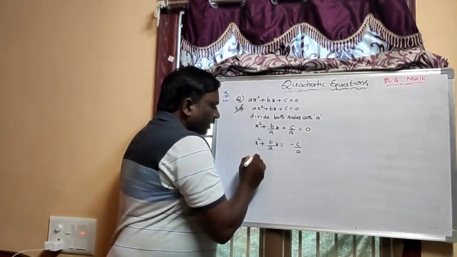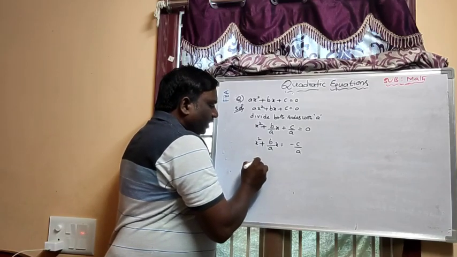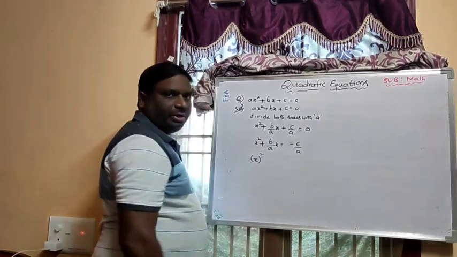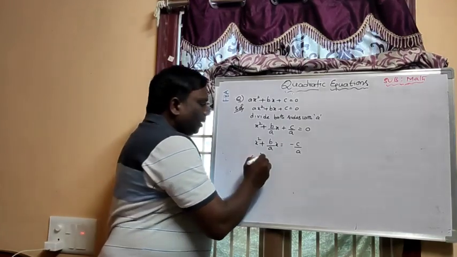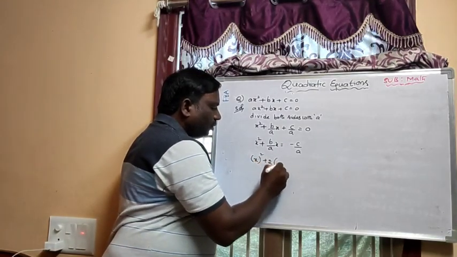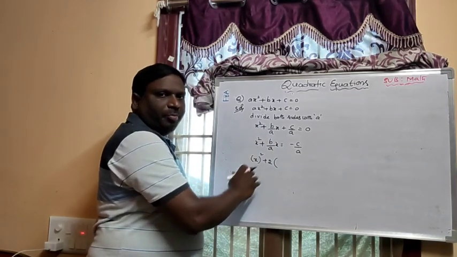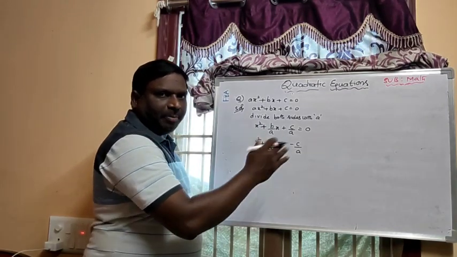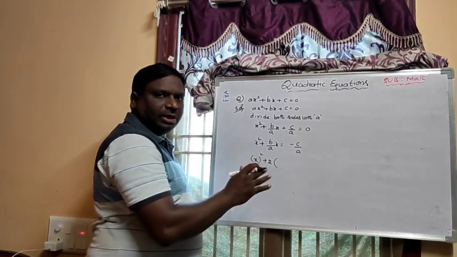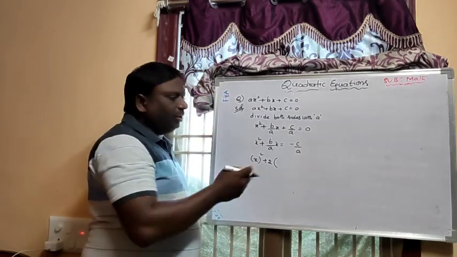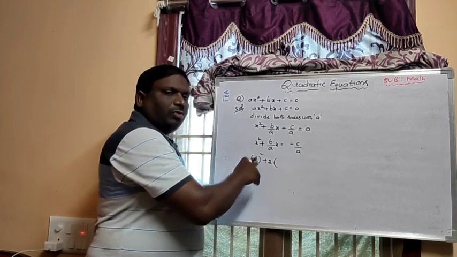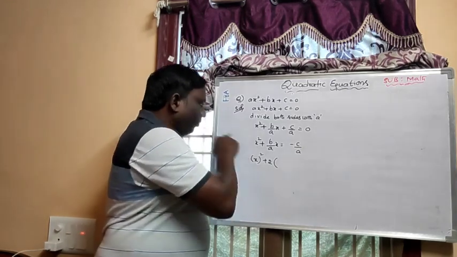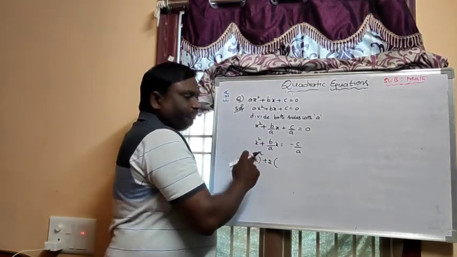So now I'm taking x square as a square, plus 2. We don't know the value of b. So in the identity a plus b whole square or a minus b whole square, if you know the a, b values, then you can write a plus b whole square or a minus b whole square. If you don't know the b value, you can find it from here.